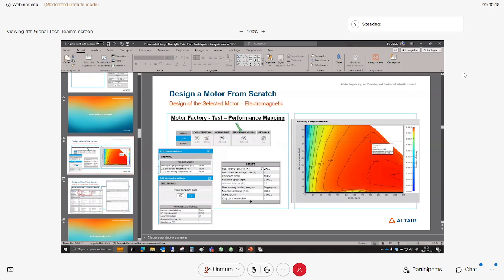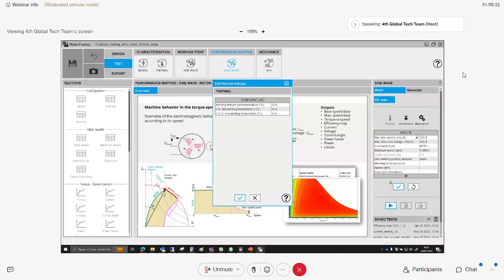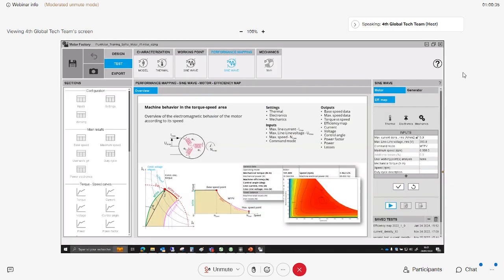Then, maybe before launching the computation, you can add the mechanical torque here, because this is the working point at 2000 RPM. So here you can add your duty cycle or a single point.